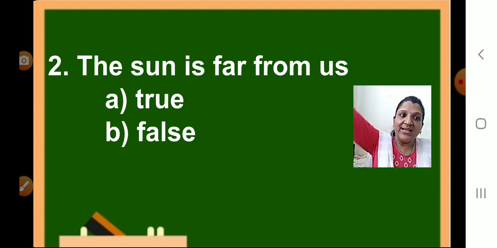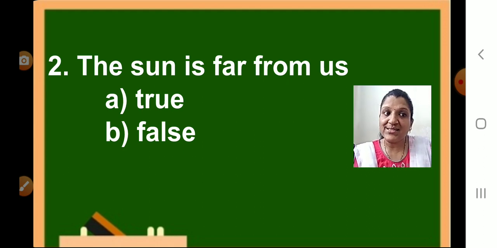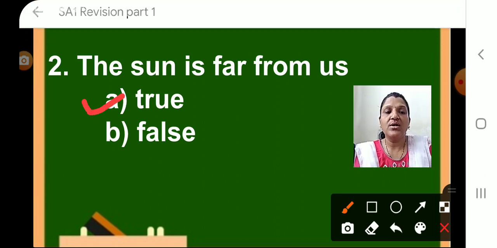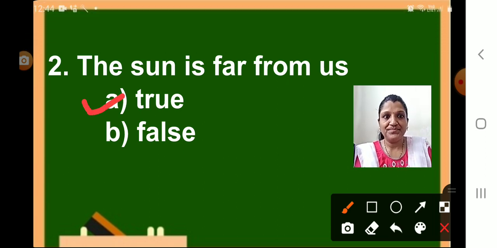No, sun is far from us. So this statement is correct. That means true. The sun is far from us is true. So we have to select option A for true. So click on the correct option and let's move to the next question.